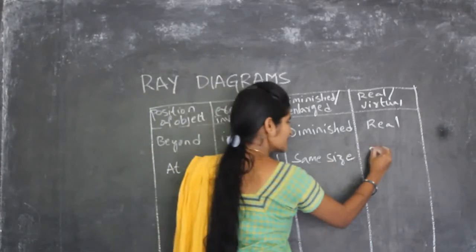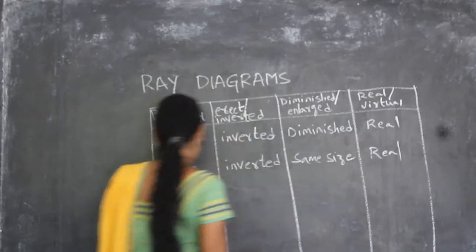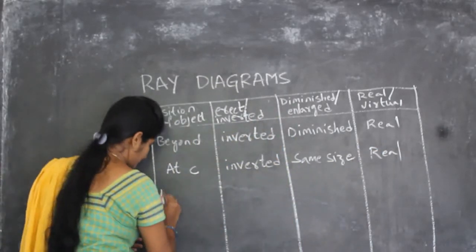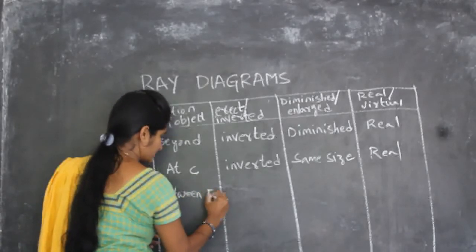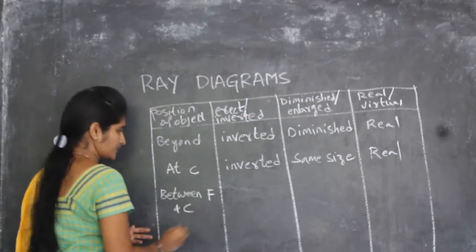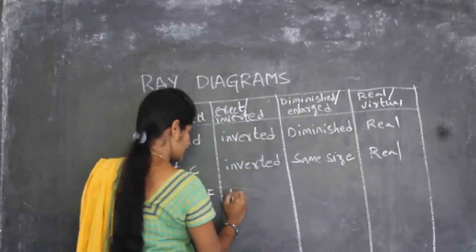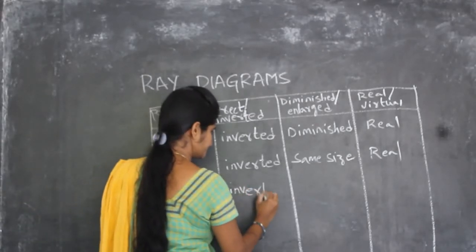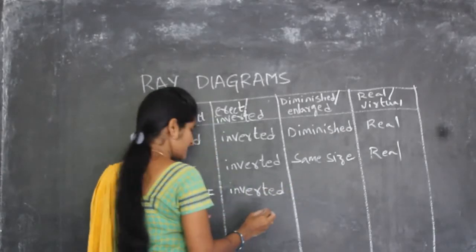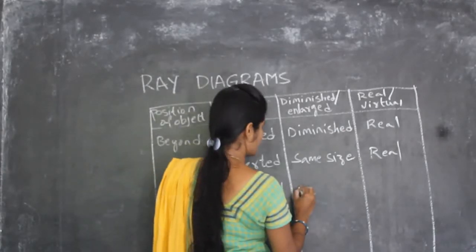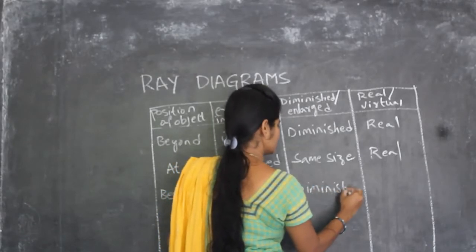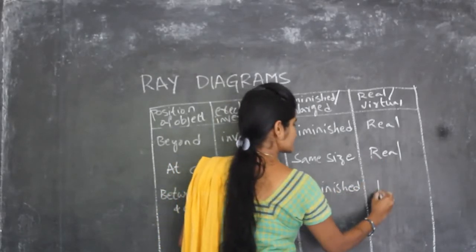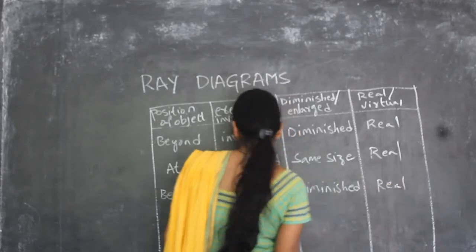And it was a real image? Yes, it was a real image. Next, between F and C. So between F and C it was inverted, of diminished size, and a real image.